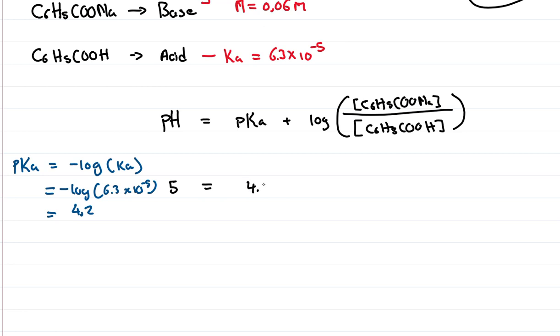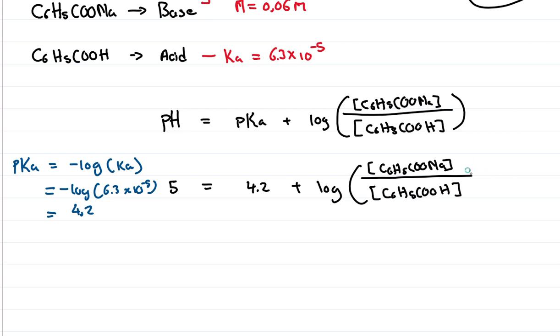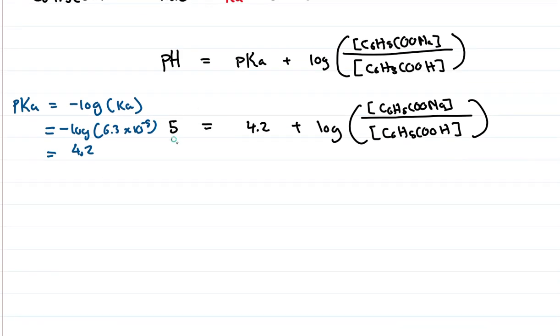So we have 4.2 plus the log of the concentration of the base C6H5COO and A divided by the concentration of the acid C6H5COOH. So now from here you can take this to the other side, so you can say 5 minus 4.2, and that will give you 0.8.